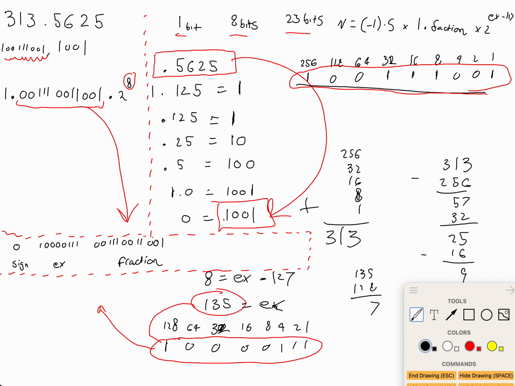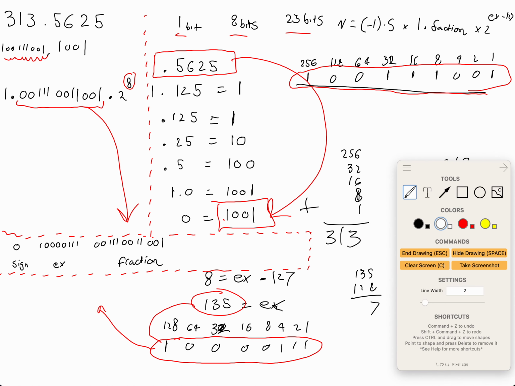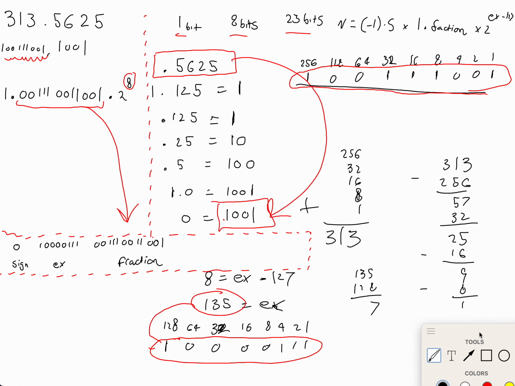We've done the conversion. And now the nice thing is if you need to go the other direction, right, I'm going to try to do this in a reasonable amount of space, so apologies if this gets a little unruly. But basically, if we want to go backwards, if we are given an IEEE floating point number and we want to convert that into a decimal value, well then we are going to apply the formula that we were given. And we're going to actually just put the numbers into this formula.